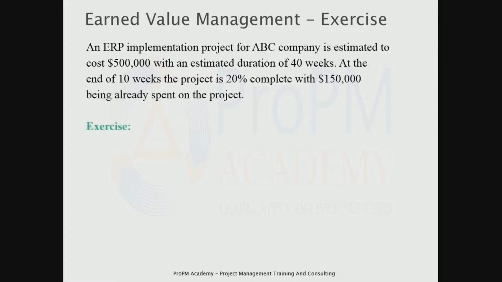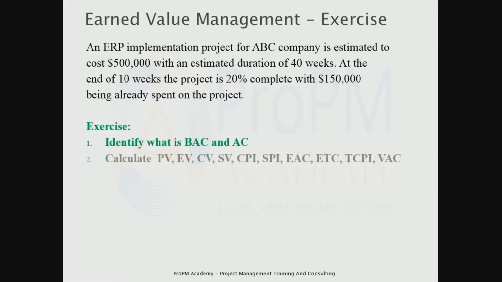Now the exercise we had given you was to identify the BAC and the actual cost in this exercise, and in turn calculate the other things, which are the PV, EV, CV, SV, CPI, SPI, EAC, ETC, TCPI and VAC. If you look at this example, some things are quite obvious.